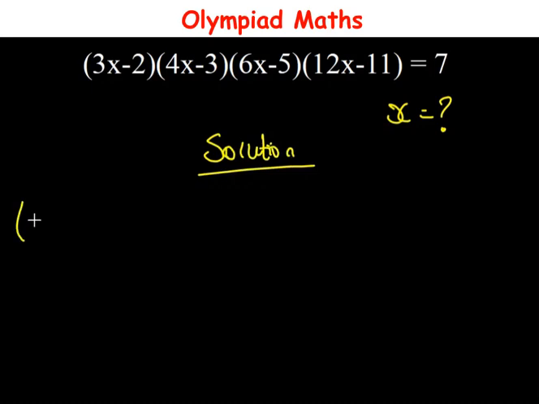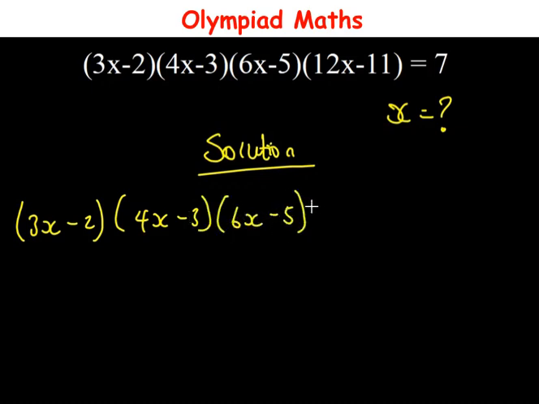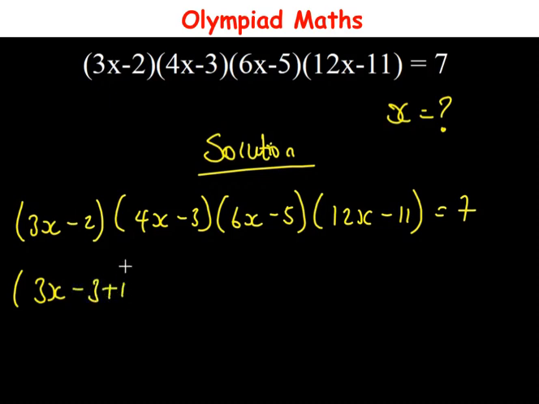we have (3x - 2)(4x - 3)(6x - 5)(12x - 11) all equal to 7. This can be written as 3x, where we express minus 2 as minus 3 plus 1.